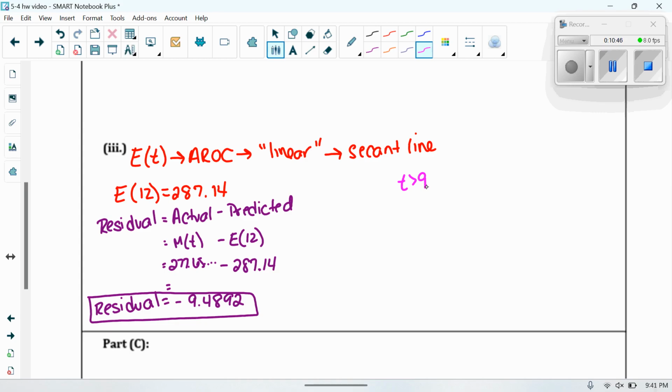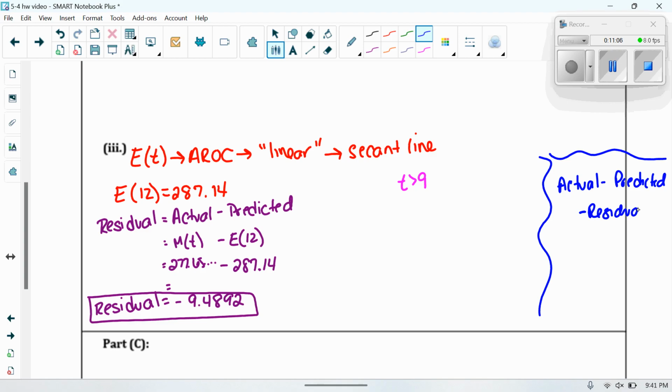So if it's actual minus predicted, and I am getting a negative value, so I have actual minus predicted. If I'm getting a negative residual, that means that my predicted was above the actual.